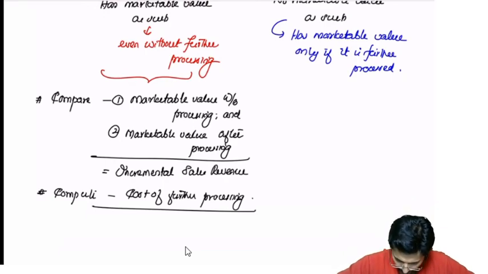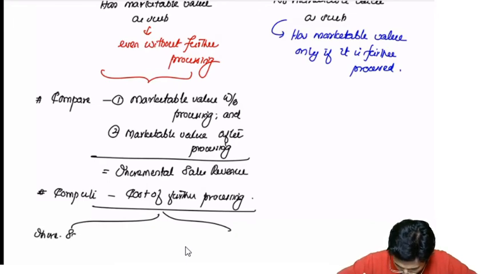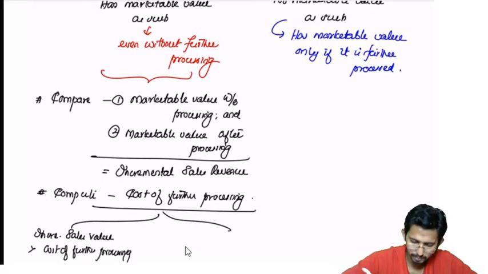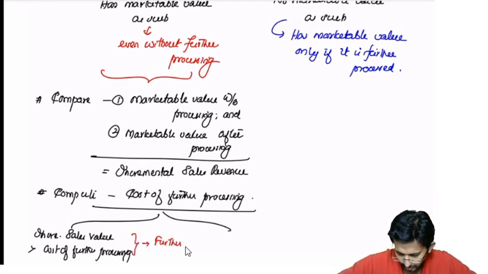There could be two situations. If incremental sales value is higher than the cost of further processing, you have to further process.